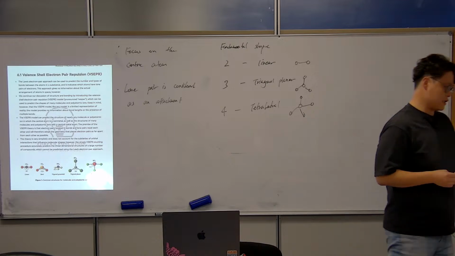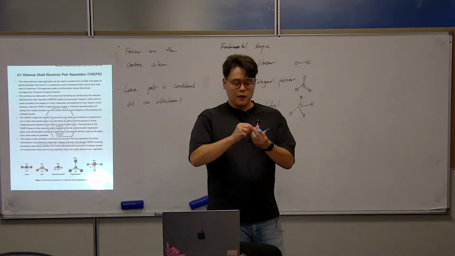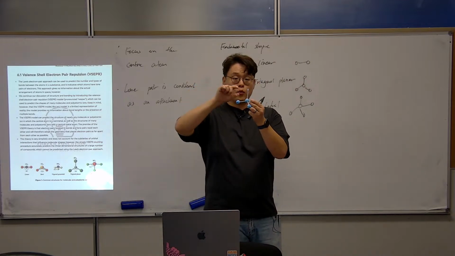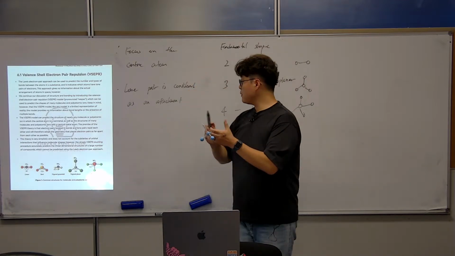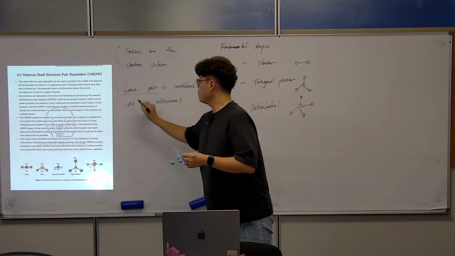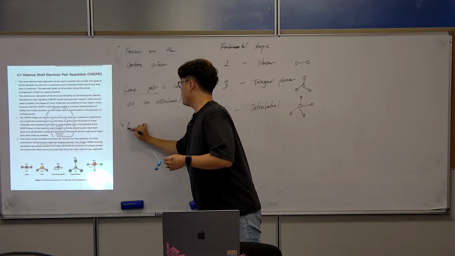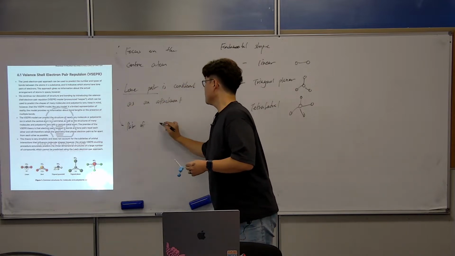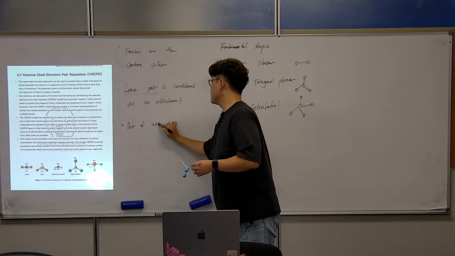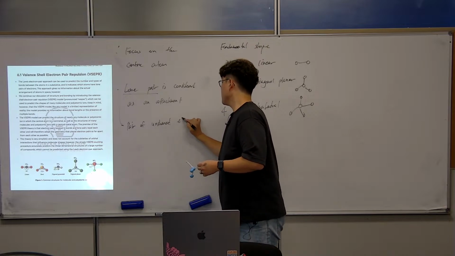I should do it like this. This is easier. Assume that we have 3 attachments, but one having the lone pair. The way you can think about it is, a lone pair is a pair of unshared electrons.